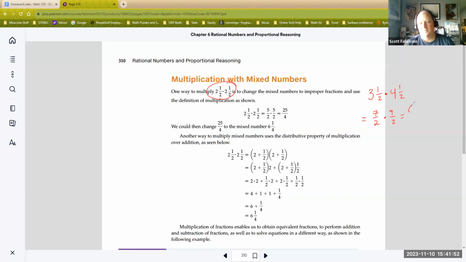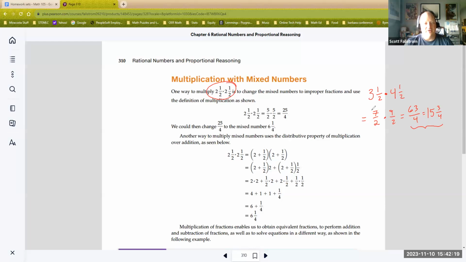My end result would be 63/4, because again, I multiply straight across. Now, if I divide this by 4, I get almost 16. 16 times 4 would be 64. So I get 15 whole groups go in and 3 are left behind. So I could leave it as either one of these. These are equivalent.